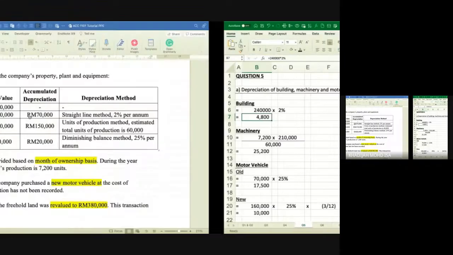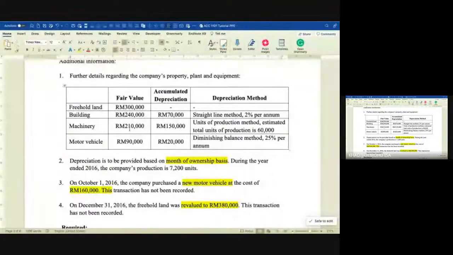For the machine, all right, 210 fair value, production is 60,000. There's no residual value, so 210,000. How do you do that? For 2016, you have 7,200 units.